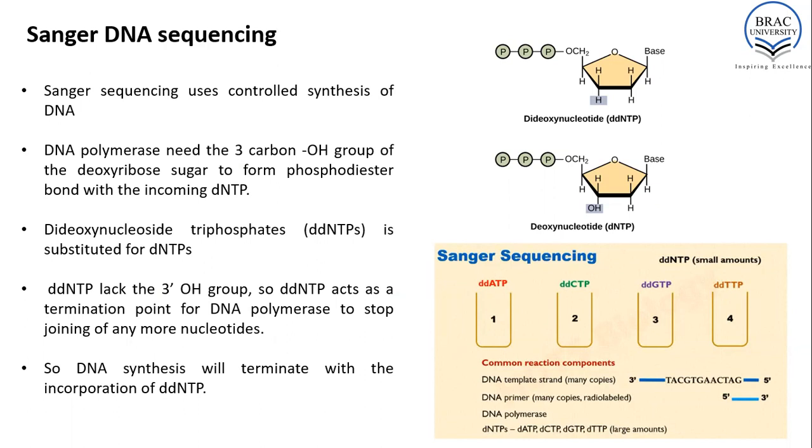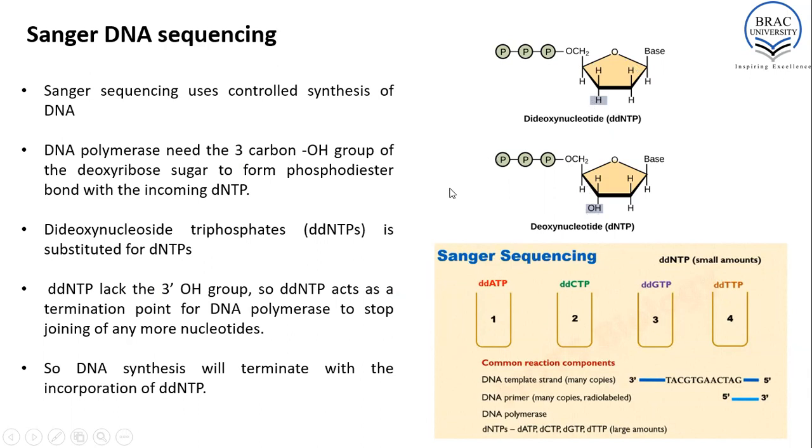in a process where the deoxynucleotide is replaced by a dideoxynucleotide, ddNTP. The ddNTP has the oxygen, the hydroxyl group, removed from the 3' end, leaving just a hydrogen.